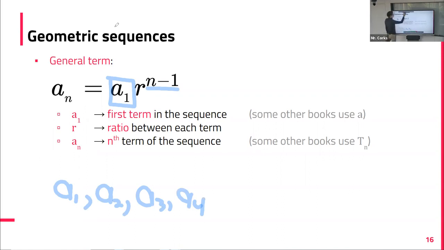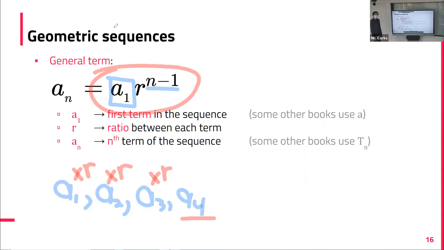If we want to get to A4, A1 times R gives us A2. A2 times R gives us A3. A3 times R gives us A4. How many R's? n-1, 4 minus 1, so 3 of them. So it's quite intuitive. It should feel fairly natural. Just remember in the exponent here, there's a -1. The rest of the terms and labels are the same as what we used in our previous.